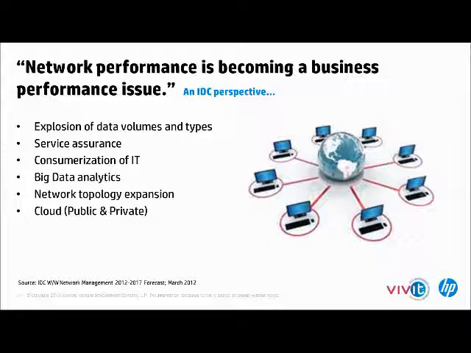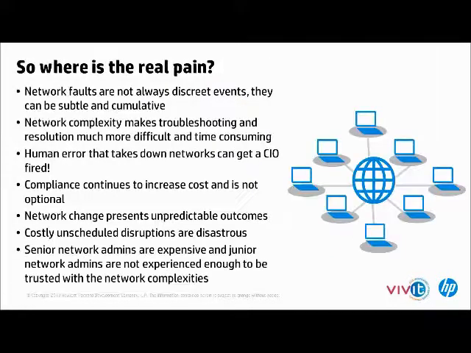The explosion of data volumes and types like real-time data, social networks, video, and others is really raising the bar in terms of pushing all that network data through today's networks. So again, network performance really is becoming a business issue for us today.